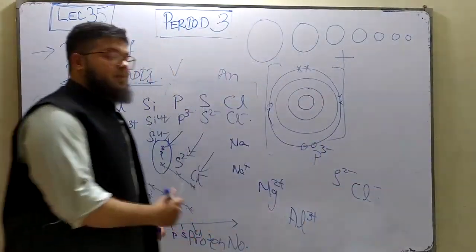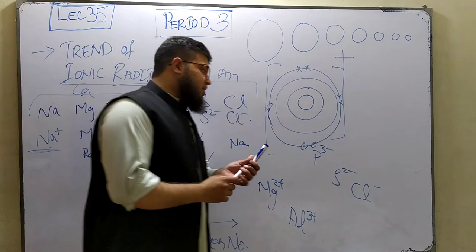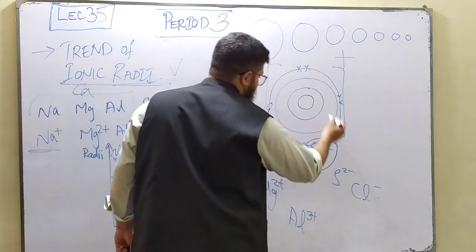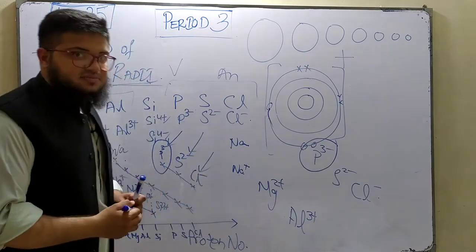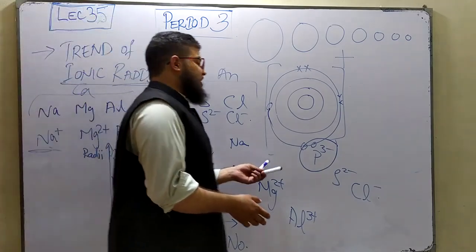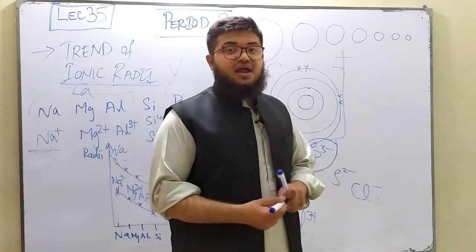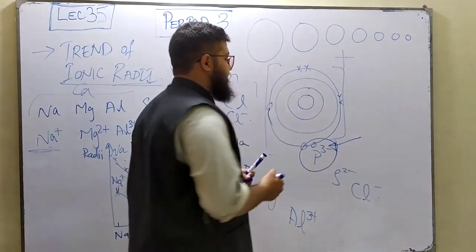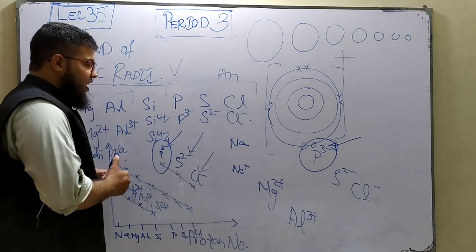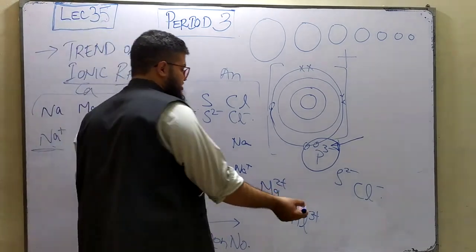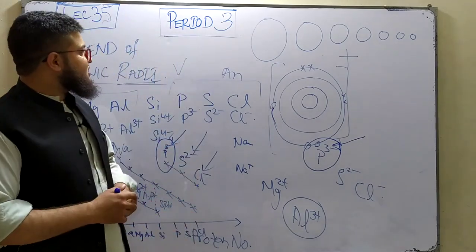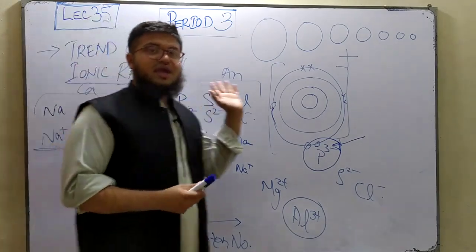If we omit silicon and argon, the ion with the largest radius is the phosphide ion. This has been an MCQ in which silicon and argon were omitted and you were asked to identify the ion with the largest radius. So it's the phosphide ion. And the ion with the smallest radius is of course going to be Al3+. This sums up the discussion of the ionic radii trend.